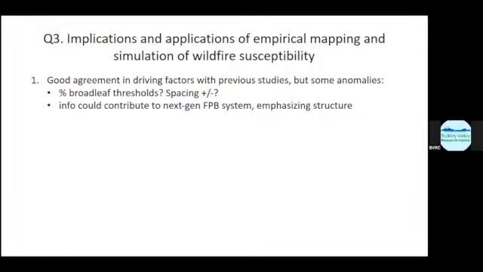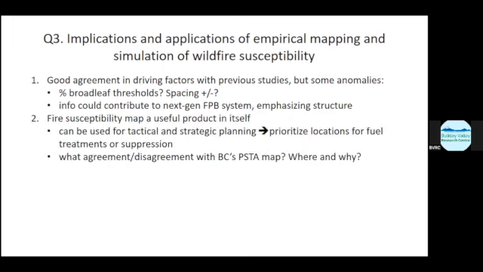So implications, some good agreements with previous studies, some anomalies, especially regarding broadleaf and spacing effectiveness. Hopefully we can contribute these sorts of findings into the next generation fire behavior prediction system that are now being undertaken by the Canadian Forest Service with an emphasis on structure.